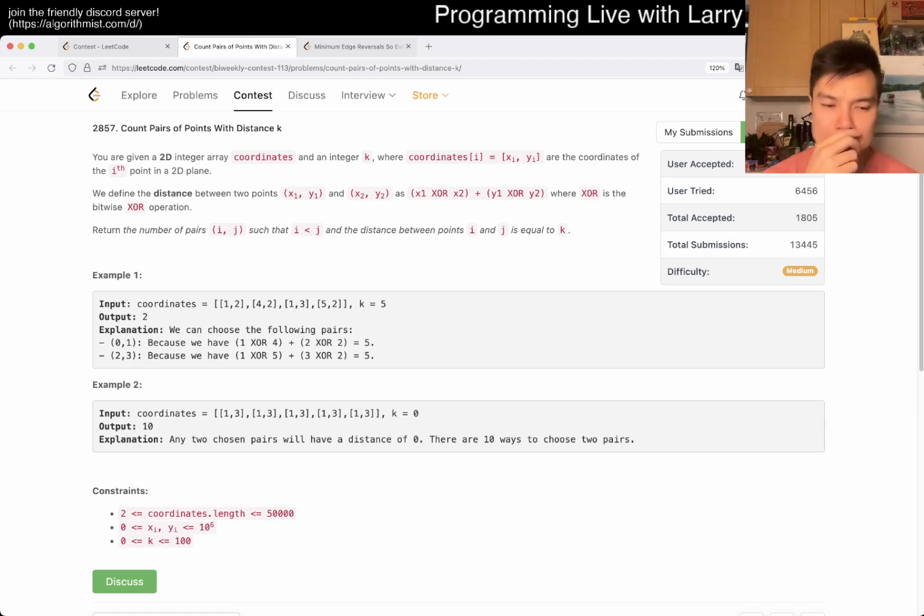I mean, it's gonna be DP, but how do you separate a map?